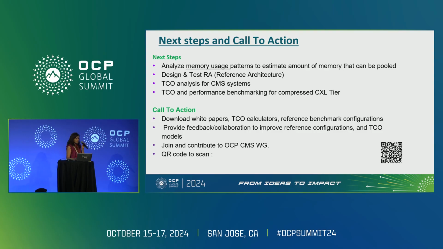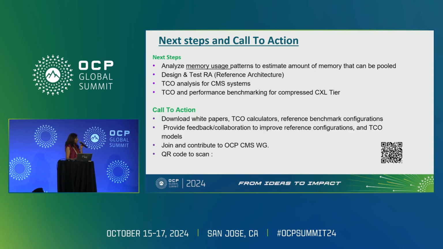The next steps and call to action are to analyze the memory usage patterns and estimate the memory that can be pooled, then design and test the reference architecture, do TCO analysis for composable memory systems, and performance benchmarking for the compressed CXL tier.